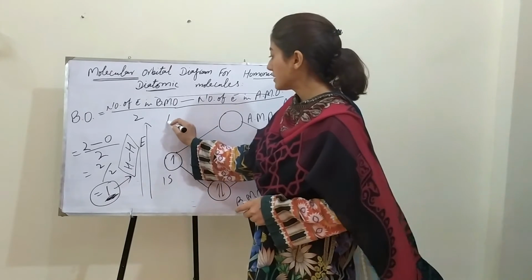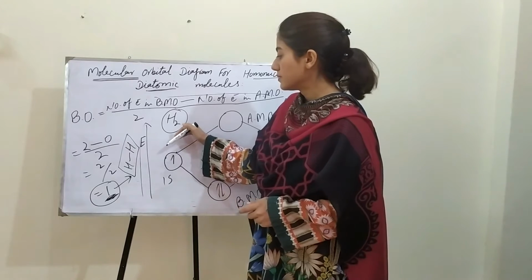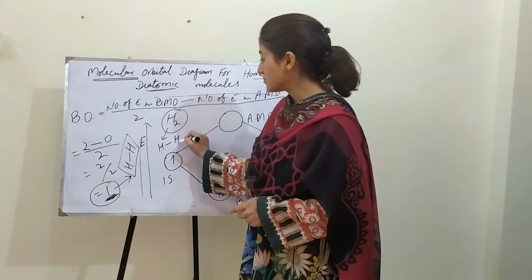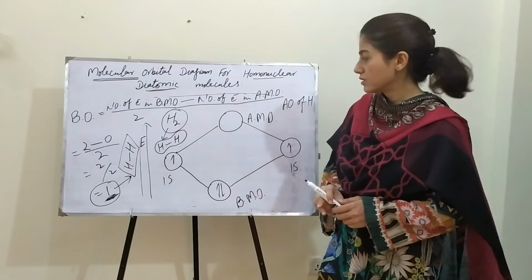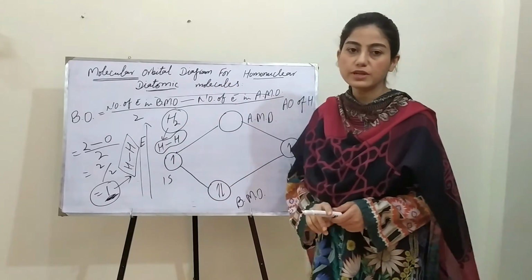So the hydrogen molecule is formed when two hydrogen atoms form a single bond. All this is the molecular orbital diagram for hydrogen molecule.